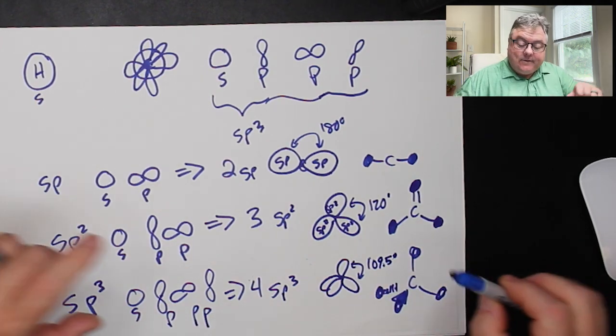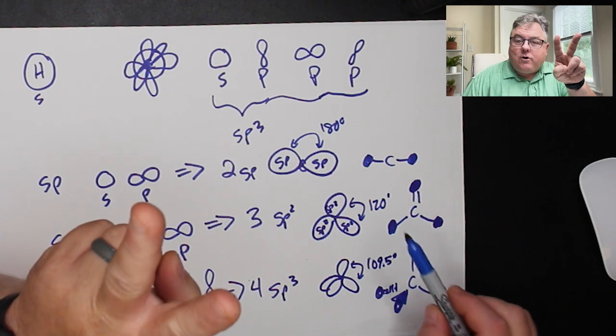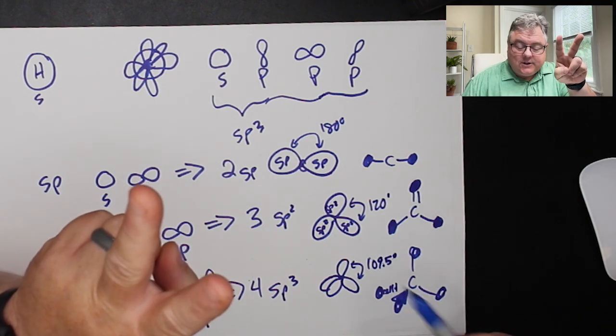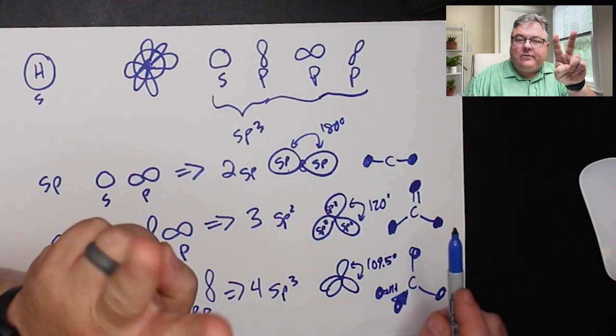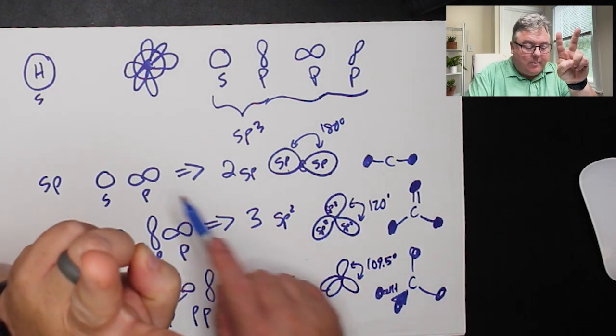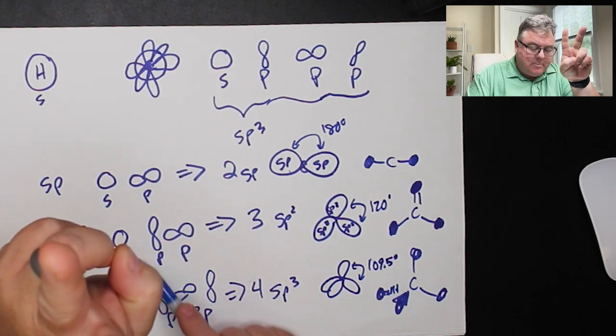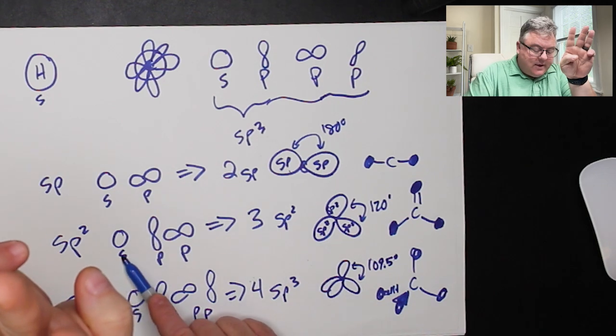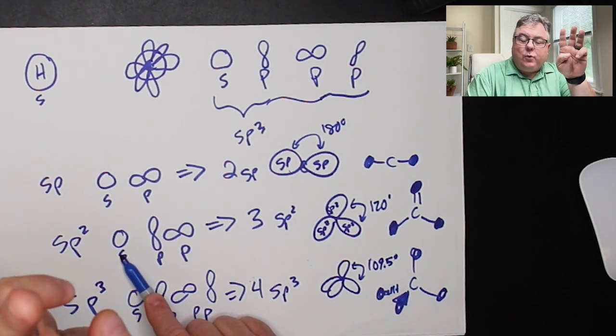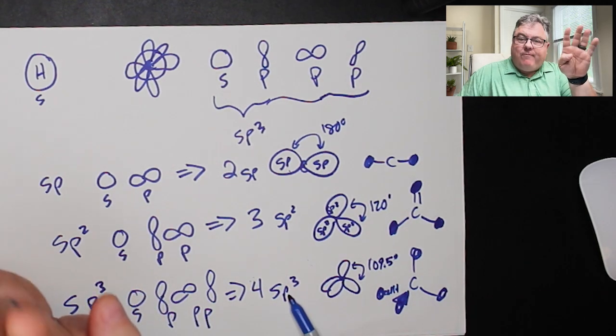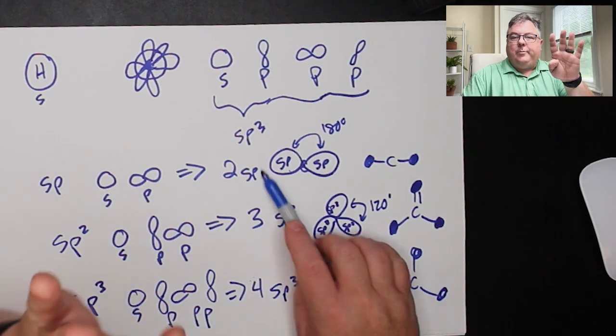So the idea is if I need two things on my carbon, oxygen, nitrogen, or halogen, I'll make sp's. Two things, I'm only going to mix an s and a p. You always mix the s in with it. If I need three things, I'll take my s and two of the p's. And if I need four things, I'll take an s and all three of the p's.